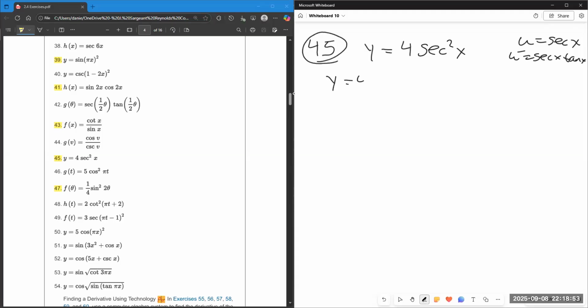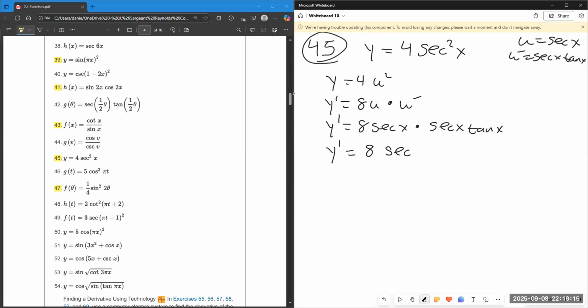Y equals 4u squared. Y prime equals 8u times u prime. Y prime equals 8 secant x times secant x tangent x. So y prime equals 8 secant squared x tangent x.